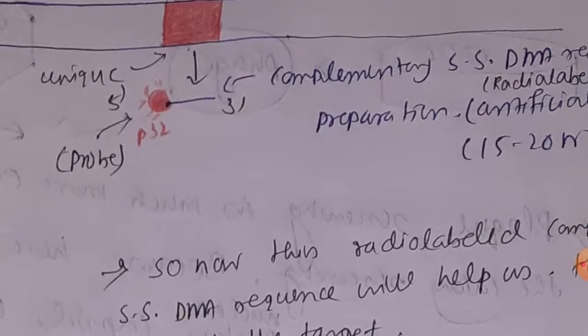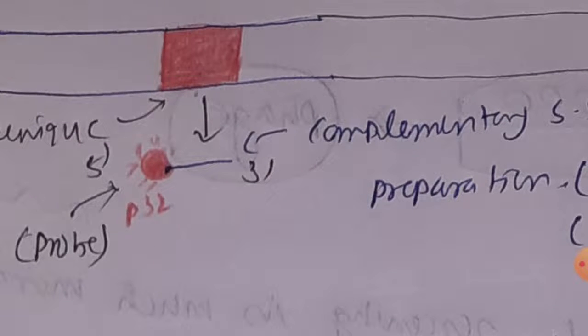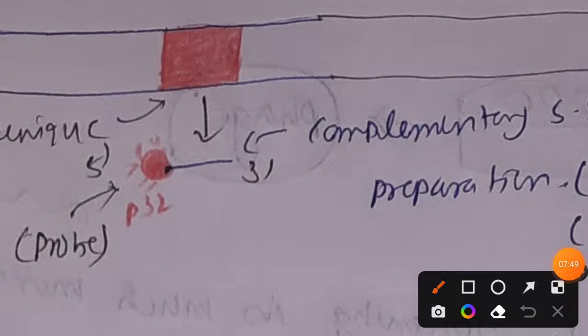Then on the basis of that specific sequence within the gene of interest, we will make a complementary single stranded DNA molecule. Okay, and essentially we will attach a radioactively labeled P32 at its 5' end with the help of T4 polynucleotide kinase.